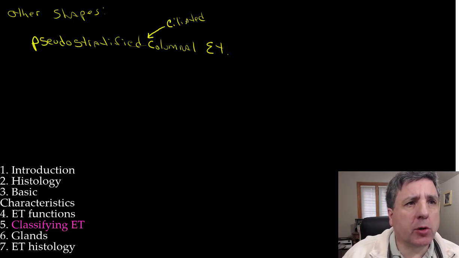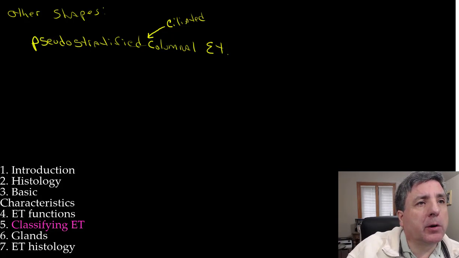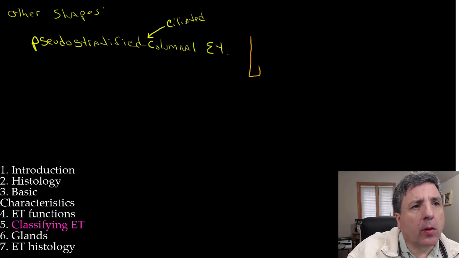So let me show you another one of my fantastic drawing abilities here. And again, not all of the columnar cells reach the apical surface, but they all, let me just do another one here.